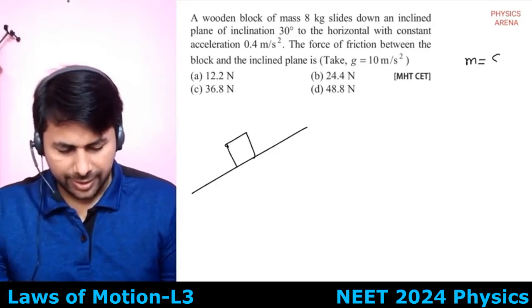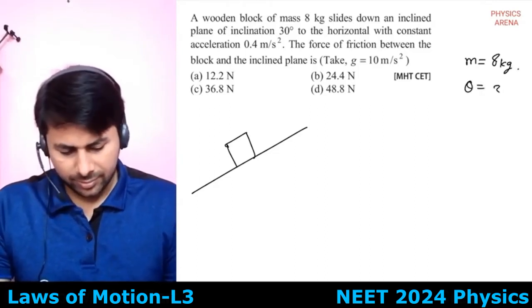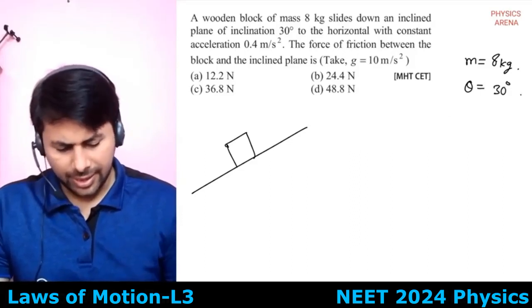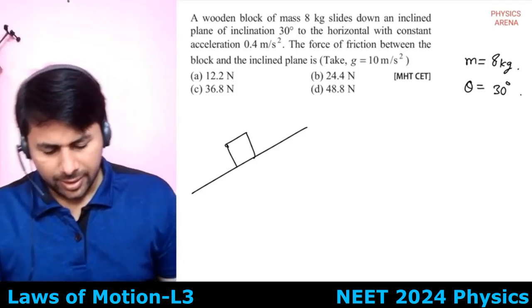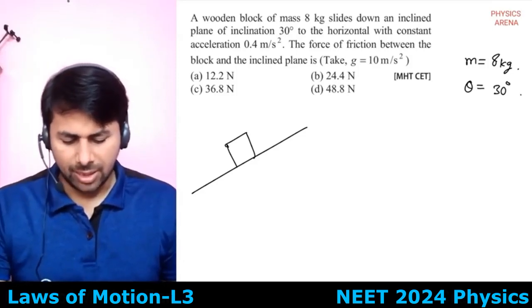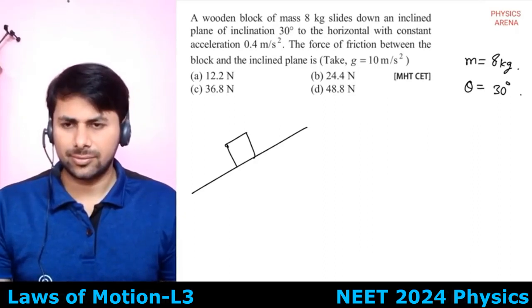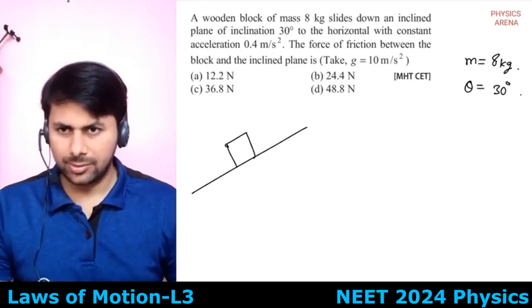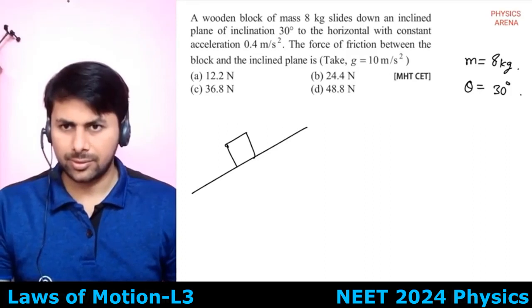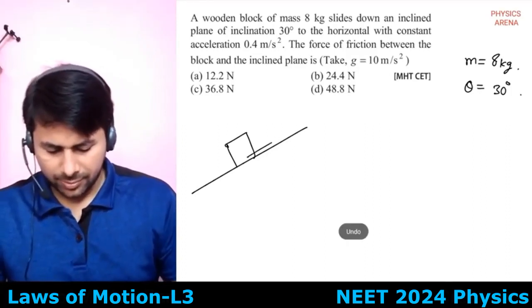So mass is given 8 kg, then theta is given 30 degrees and acceleration is given. The force of friction is asked. How much will be force of friction in this case?